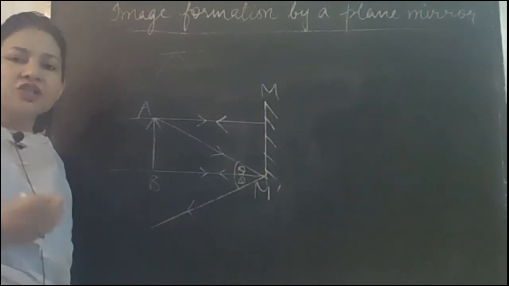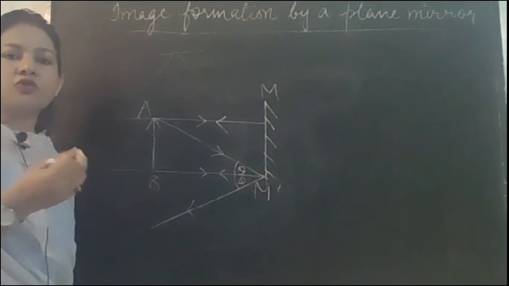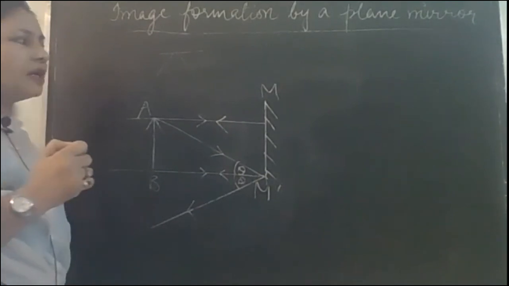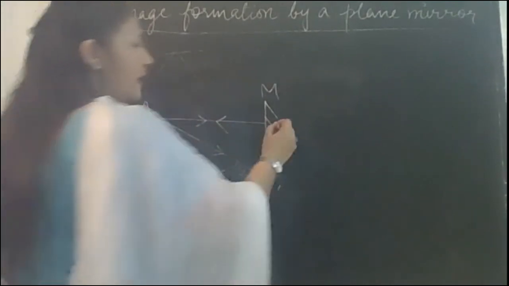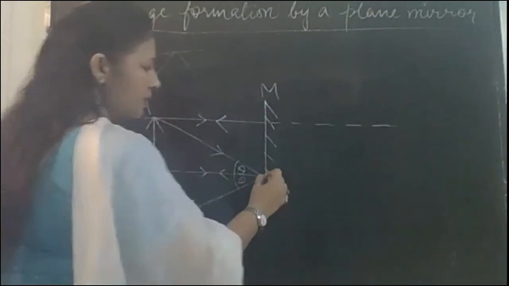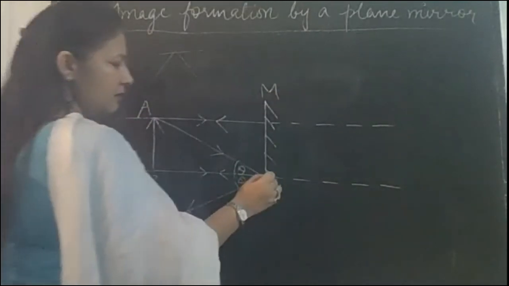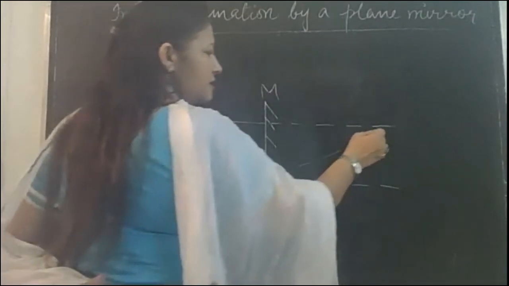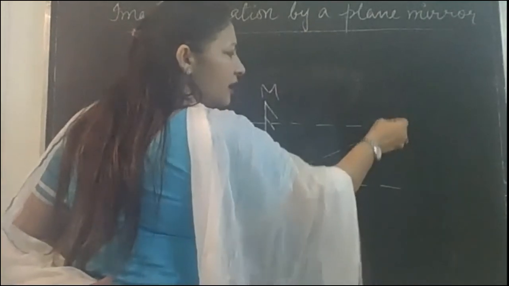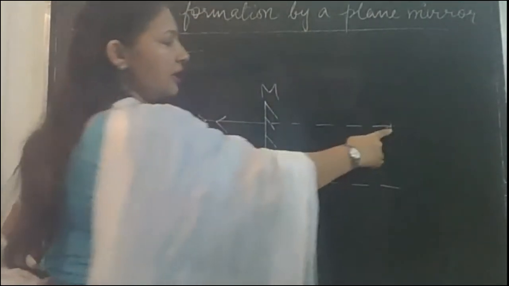If we imagine the reflected rays to be produced backwards. So let us produce all the reflected rays backwards. Where will they cut? These two rays are cutting here.